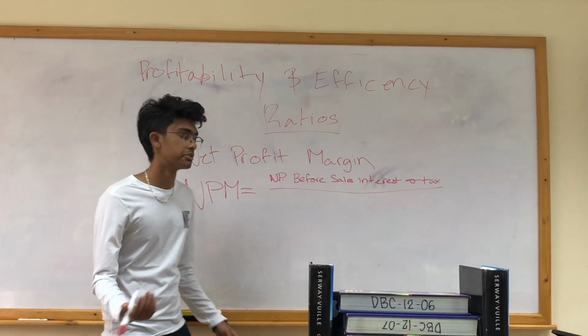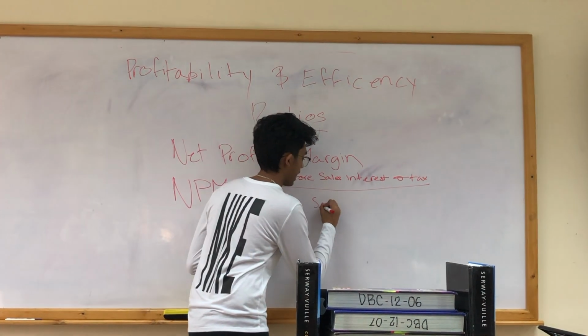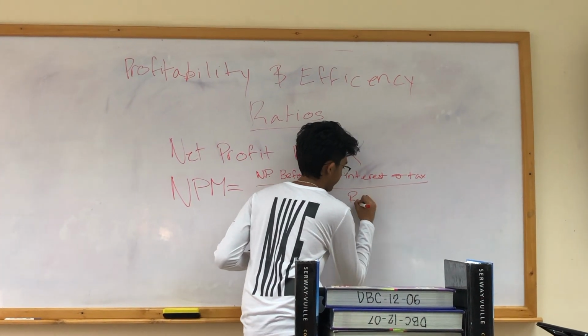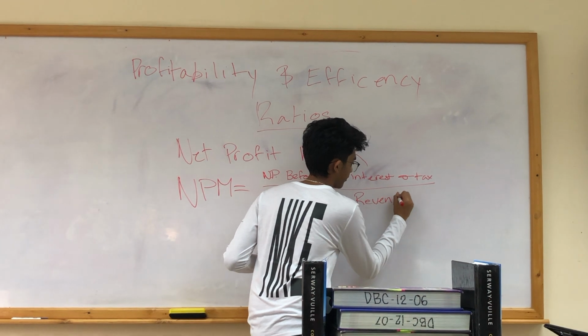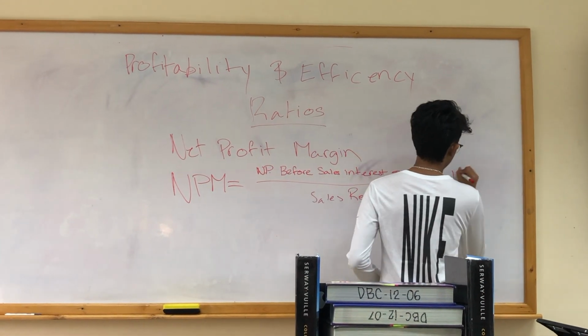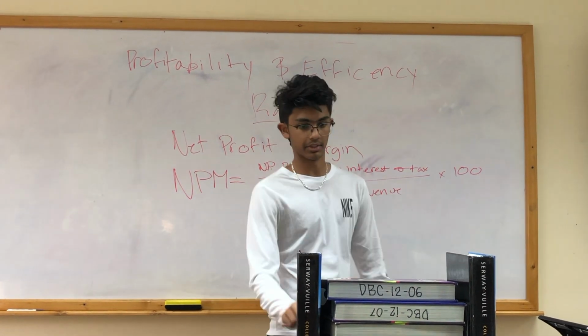Then you divide it by the sales revenue again, and you times it by 100, the same thing as for the gross profit margin, and you would get a percentage of your sales revenue.